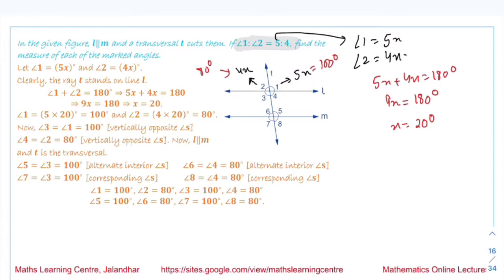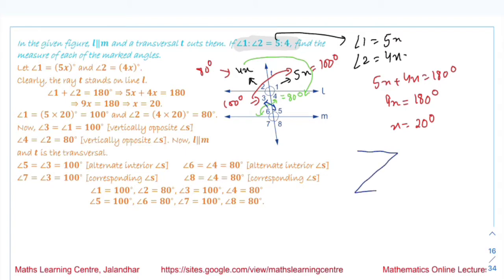Now from these angles, this angle will be 100 degrees because it is vertically opposite to this. Similarly, angle 4 will be equal to 80 degrees because it is vertically opposite to angle 2. Now, angle 6 and angle 4 will be equal. Why? Because these are alternate interior angles. Similarly, angle 3 and angle 5 will be equal.